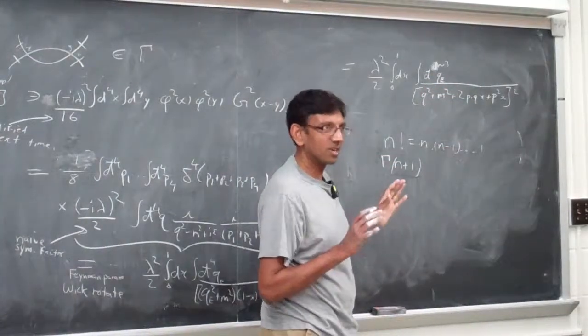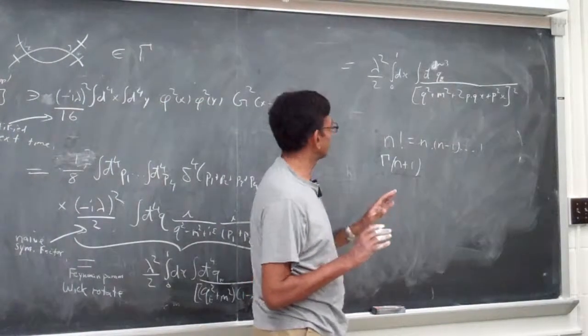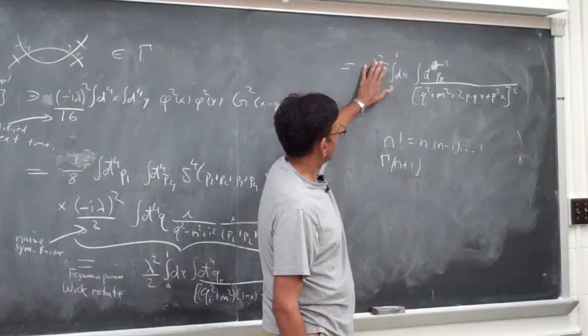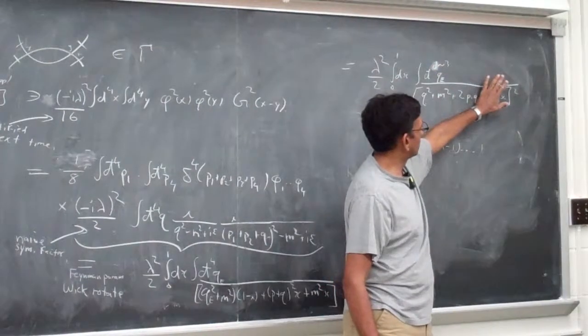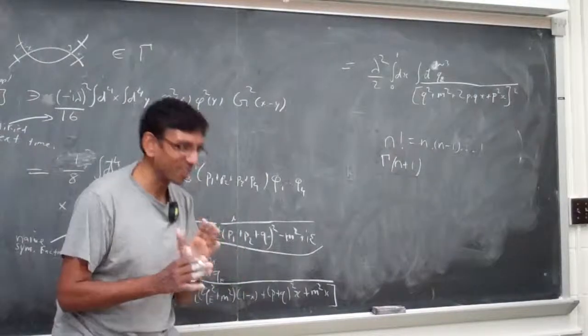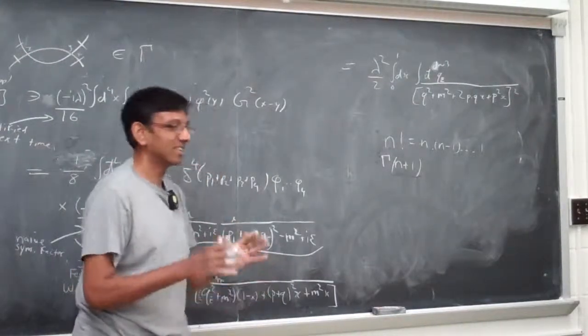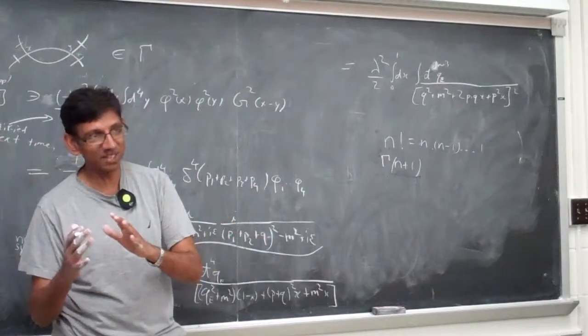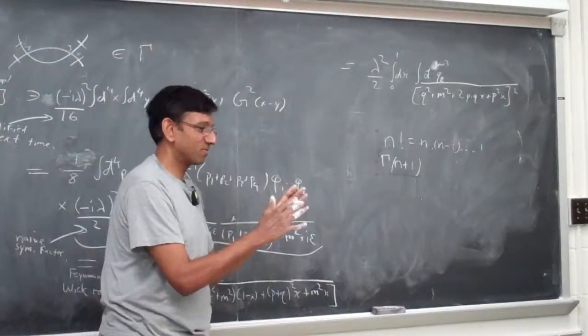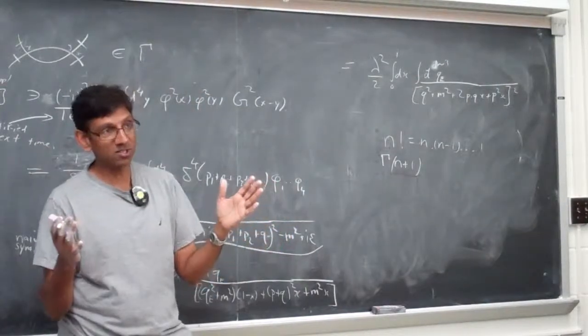Now, somewhere there, you should not lose sight of all that matters, which is, in the end, any ultraviolet regulator is okay. We don't really believe that there are Pauli-Villars particles out there. We don't really believe, well, some of us do, some of us don't, that there's a space-time lattice at very short distances.